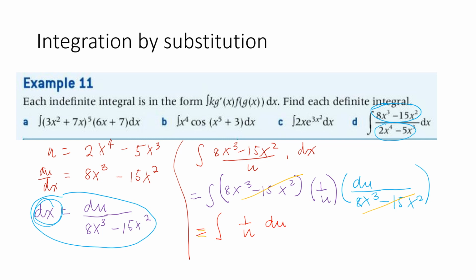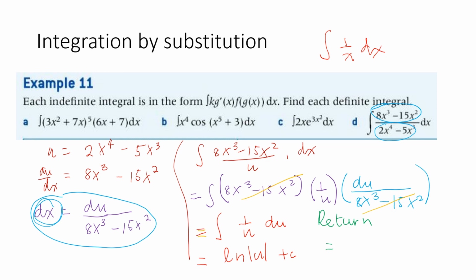Again, pause for a while and try to remember the rule that gives you the integral of 1 over x dx. It's basically the same rule. You already know that? Okay, so our answer is ln u, plus c.